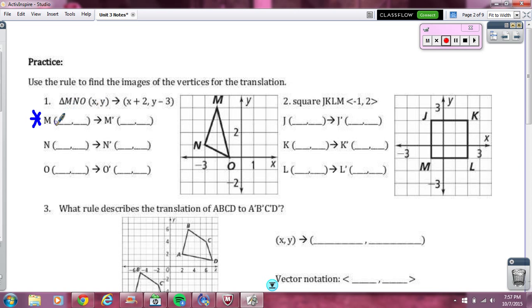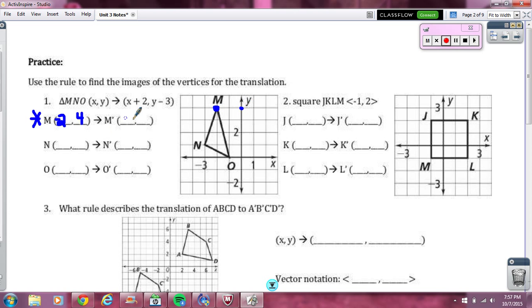So first thing I'm going to do is find the original point M and record its location. So point M is at the x value of -2 and a y value of 1, 2, 3, +4. That's where it started. And I'm going to use this vector and see where it ends up. So I want to take my x value and I'm going to add 2 onto it, or I'm going to move to the right 1, 2 spaces.